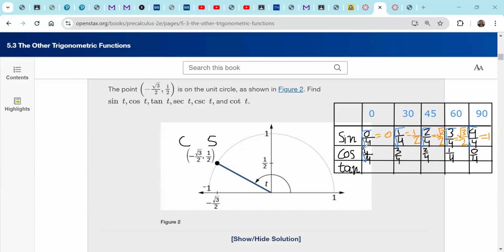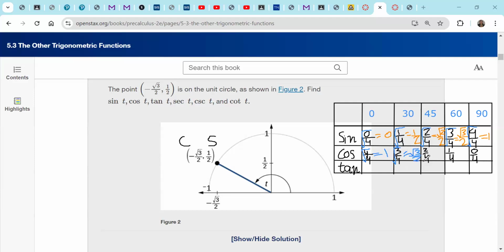When we take the square root here, it's 4 over 4, which is 1. Square root of 1 is 1. When we take a square root here, this is square root 3 over 2.